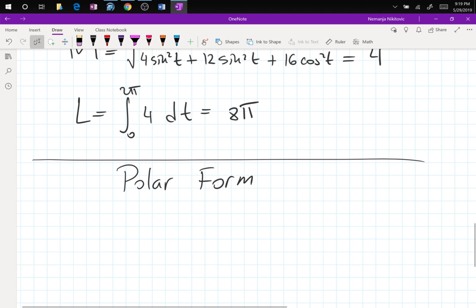Then we have parametrization, 2-dimensional, 3-dimensional.